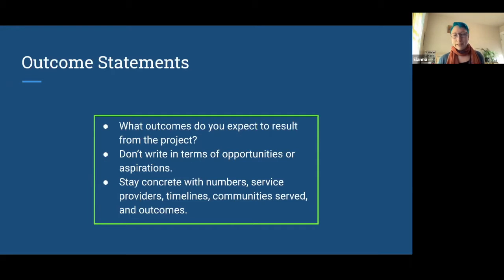And you have plans for specific ways that that will happen. And you know to what extent you think that change is possible from your group or organization in the project that you are doing.